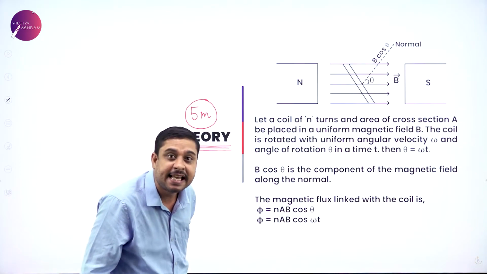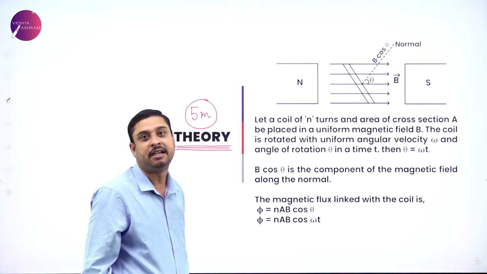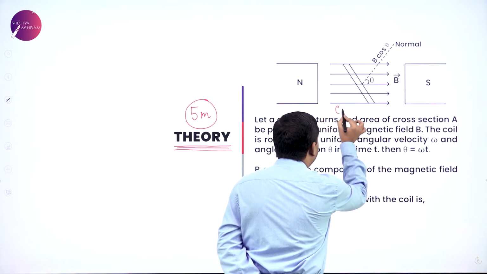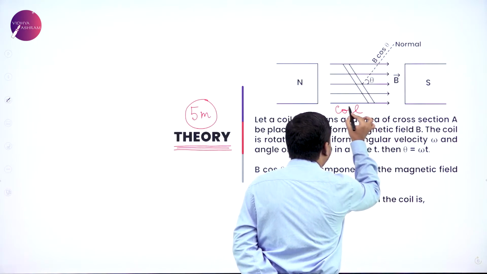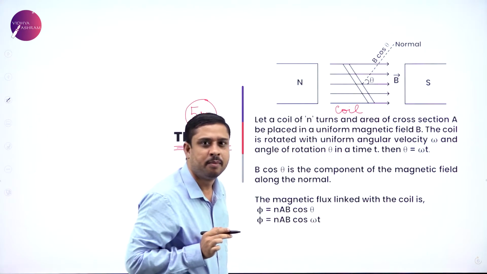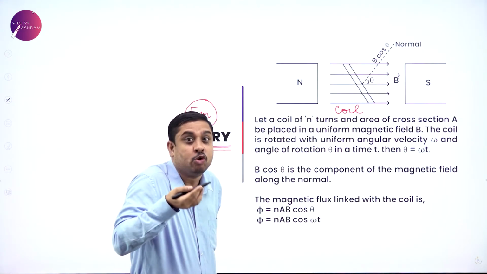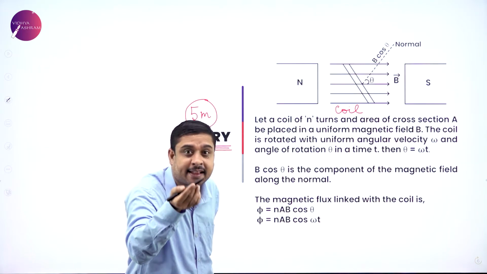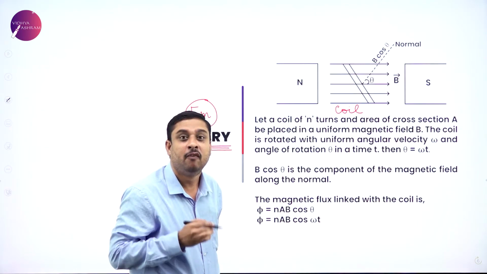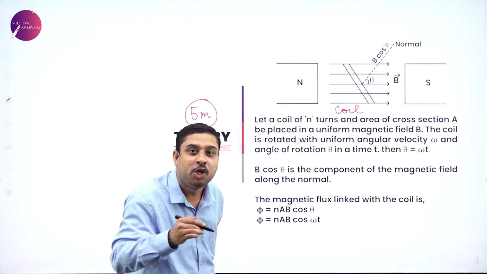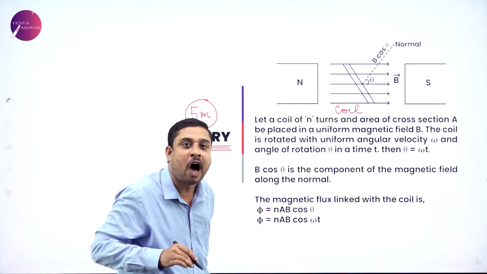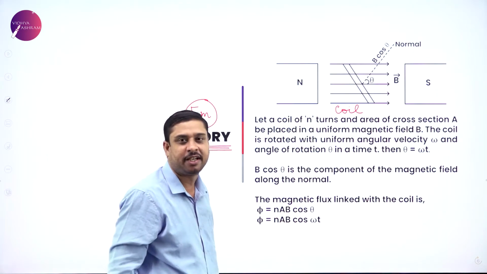Now, this is the coil I consider, because to induce an EMF, I have to rotate the coil in a uniform magnetic field. Why? Torque has to come into the picture.